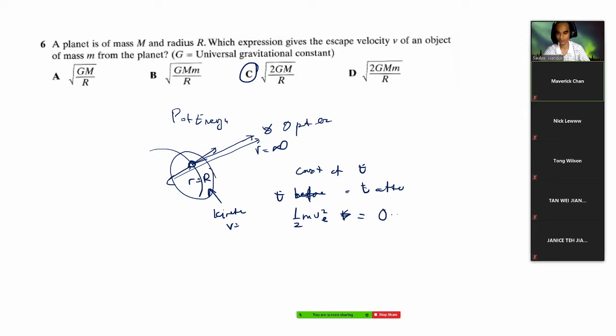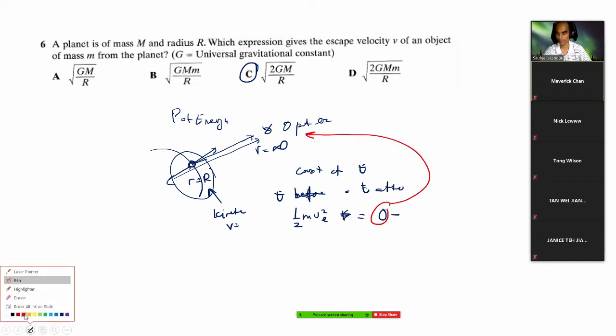It means that it's very far. This 0 means the energy here, very far away, minus the energy at the surface, that is negative GMm over r, big M, small m.